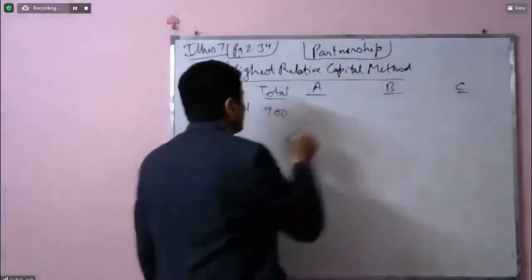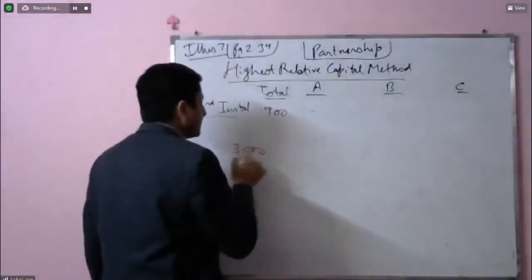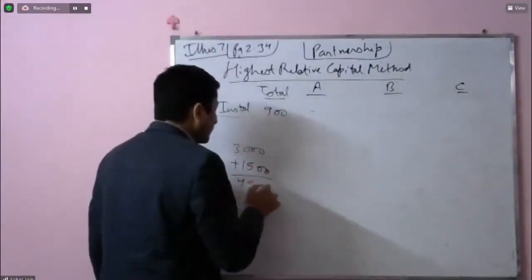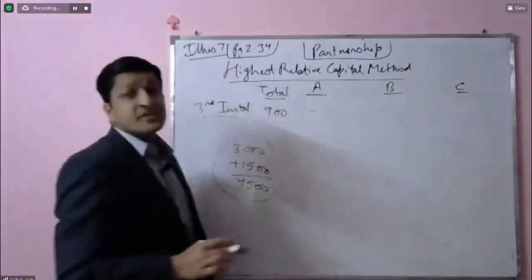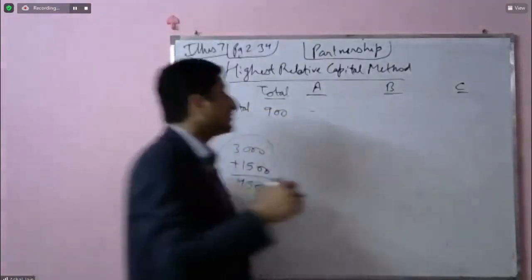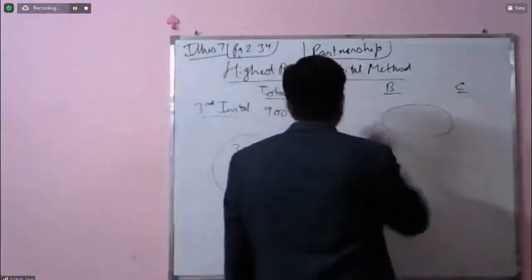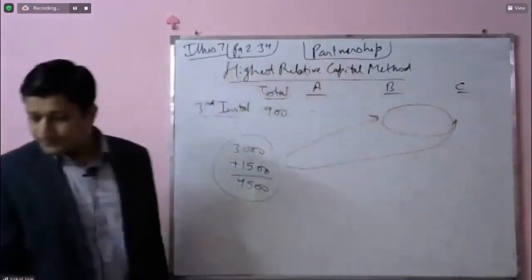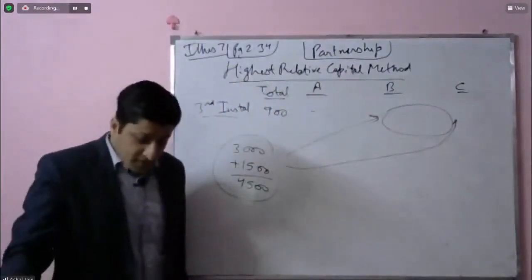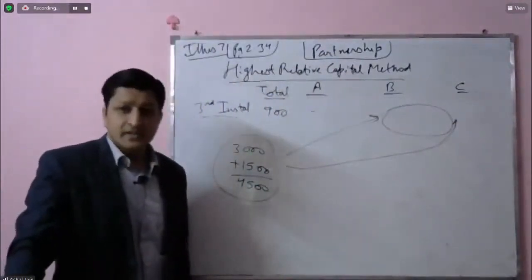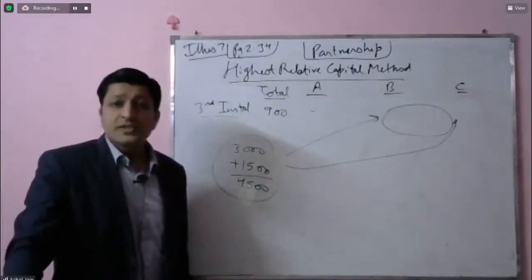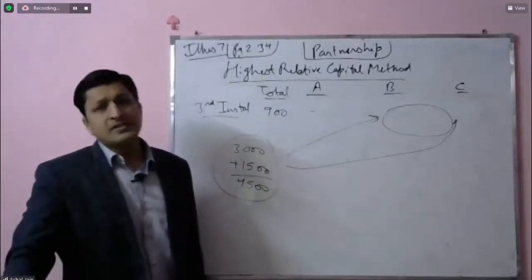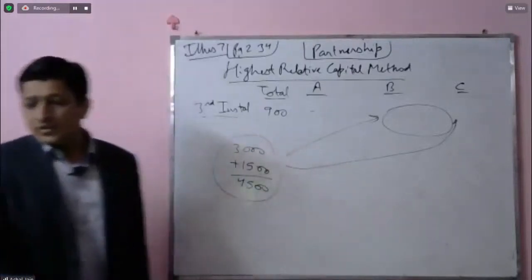Now, will anything go to A? No. Because we understand 3,000 plus 1,500 means the amount up to 4,500 will be distributed to whom? Both B and C. Correct? Yeah. So this amount will go to both B and C. And after this distribution is done, then the distribution will start happening to all these three partners in their profit sharing ratio.